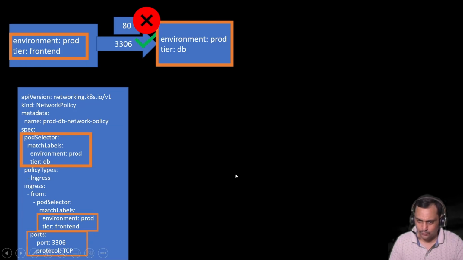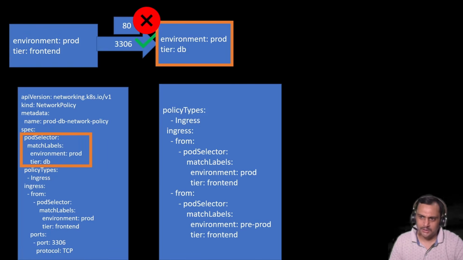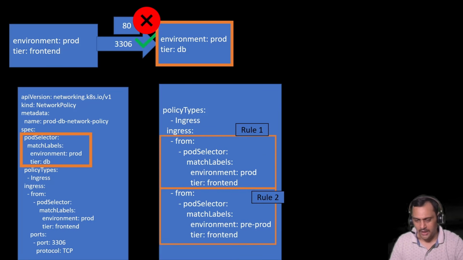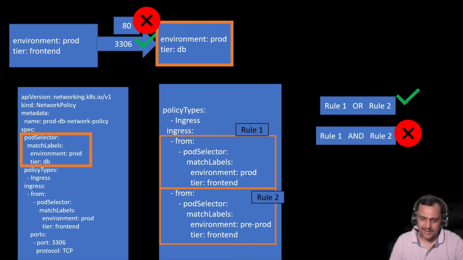So let's move further. Now let's suppose in this manifest file, we have two rules, rule number one and rule number two. It uses OR operator, not AND operator. In simple words, we can only allow traffic through network policies.